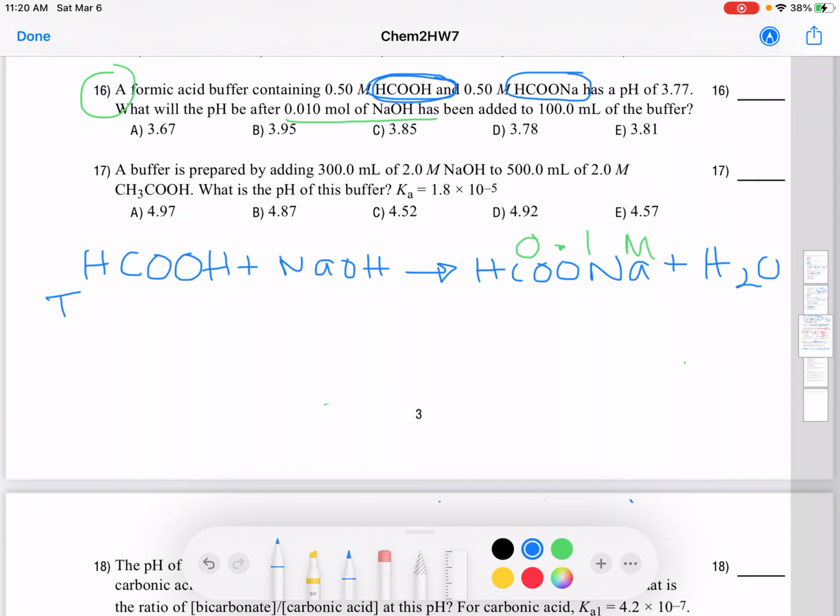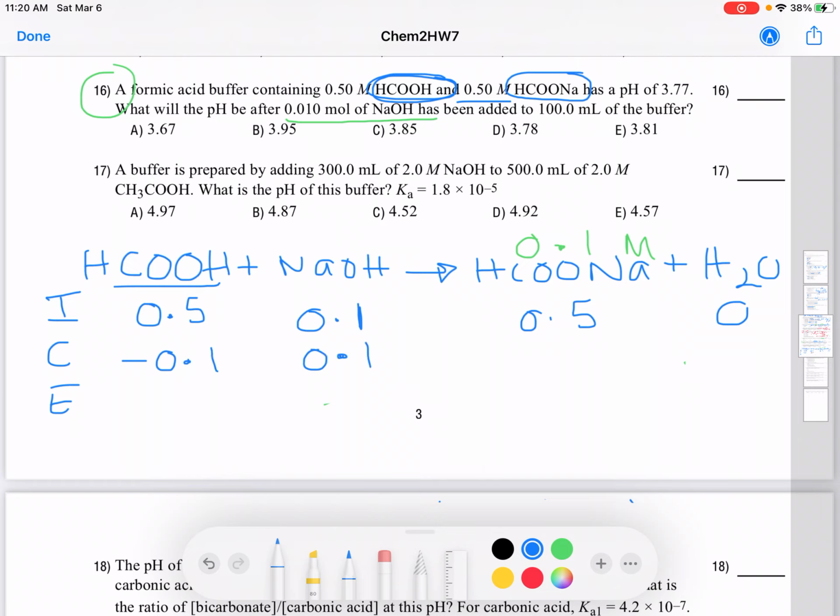And we're going to develop an ICE table for this. Initially, formic acid we have 0.5, and we are adding 0.1 sodium hydroxide, and sodium formate we have 0.5, and water doesn't matter. Sodium hydroxide will all react with formic acid, so the change is going to be 0.1.